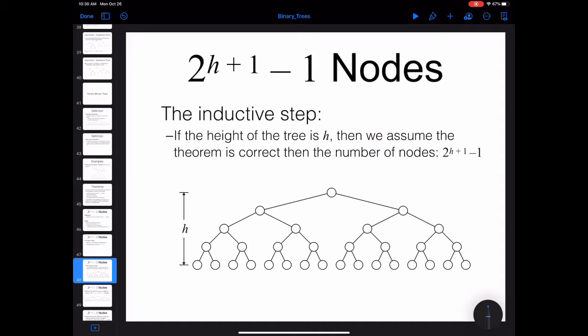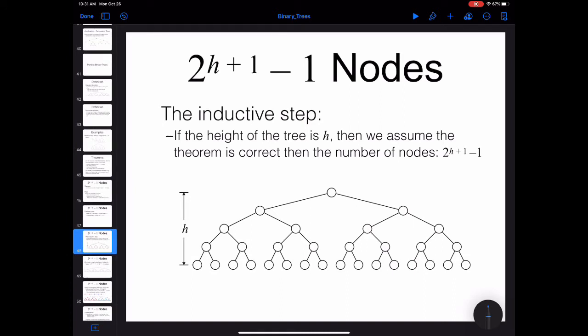Okay, you can actually just assume it. The theorem is correct for all the trees of height less than h or less than or equal to h, and then prove that the theorem works for the height of h plus 1. Okay, so this is a part of our assumption. We know that the theorem is correct for all the trees of height h and less than h.